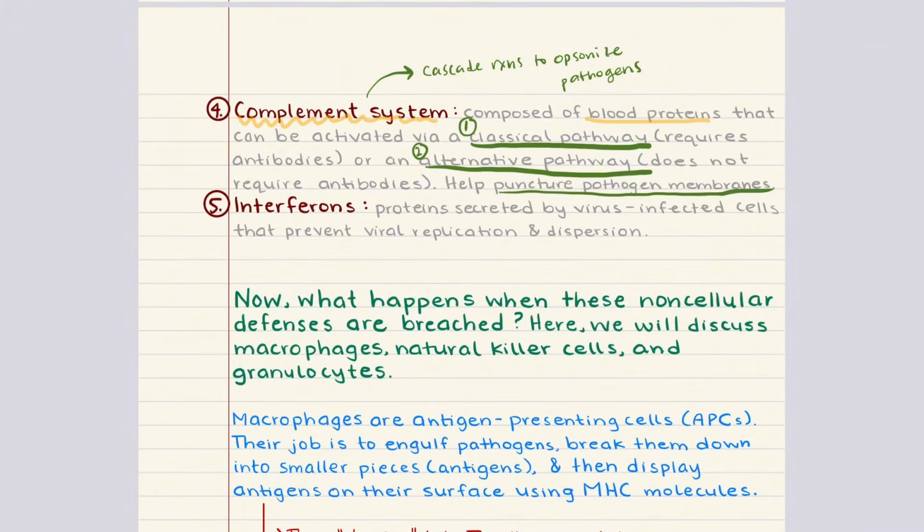Another important component of nonspecific defense is the group of proteins known as interferons. These are secreted by cells that have been infected by viruses. And interferons serve as an early warning signal to neighboring cells.